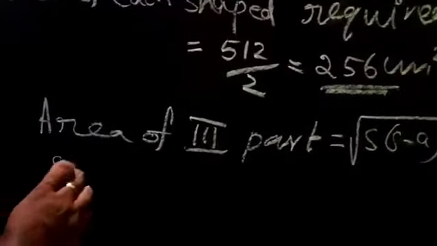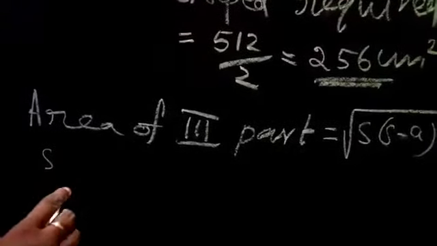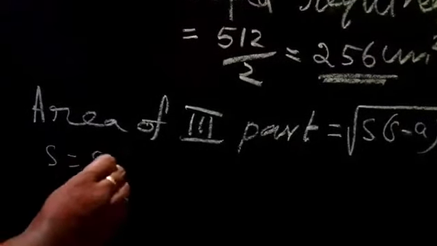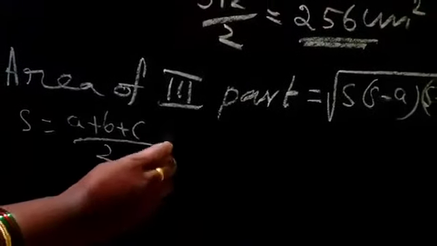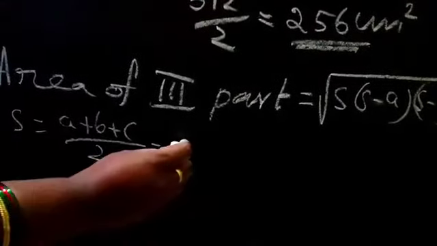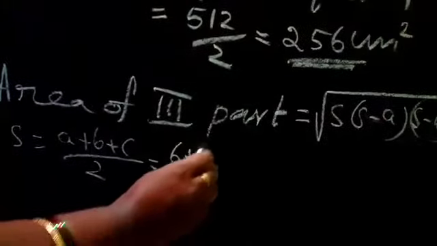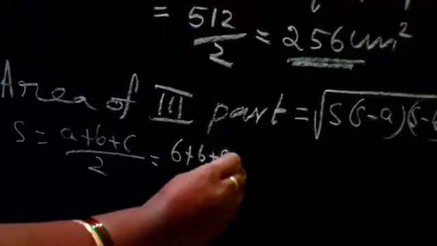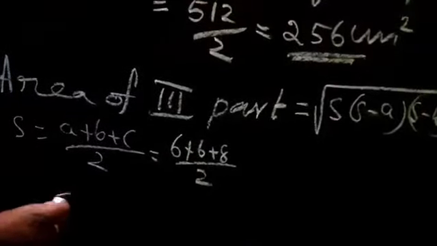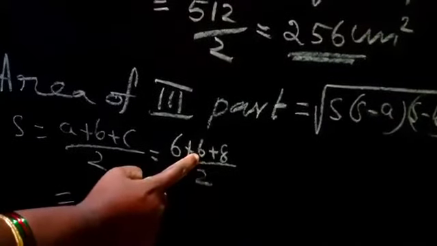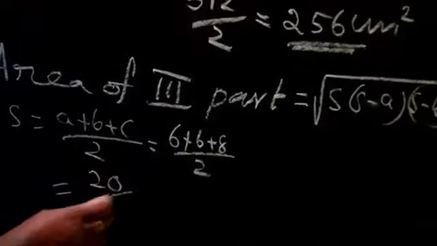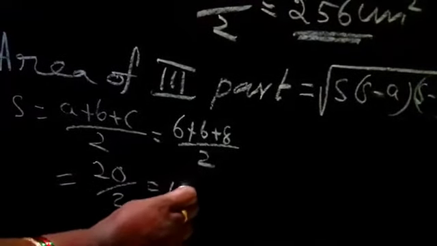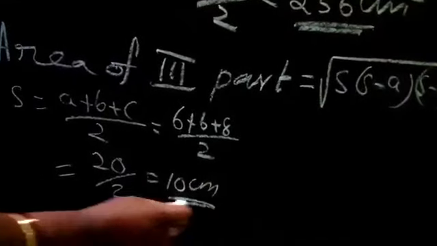It is the semi-perimeter, so A plus B plus C divided by 2. What is A here? It is 6 plus 6 plus 8, by 2. 6 plus 6 is 12, 12 plus 8 is 20, 20 by 2 is 10 centimeters.